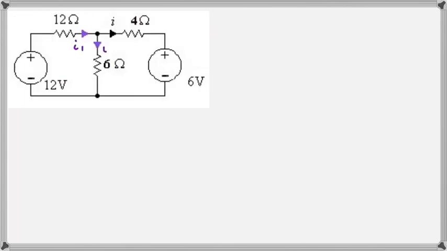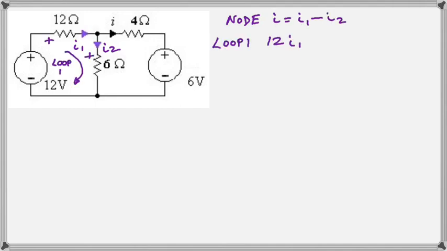Now, once we have established the equations that we want, as you can see here, we can do an example. Here's an example where we have substituted actual resistor values and voltage sources that are labeled with specific voltages as opposed to generic symbols.